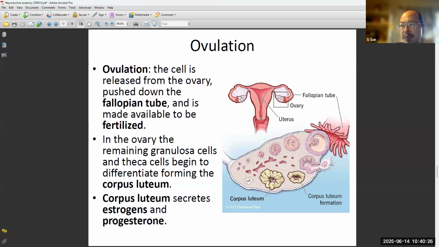Before ovulation, there is no corpus luteum, there is no progesterone. But after ovulation, corpus luteum will start to produce progesterone. Progesterone is, in addition to estrogen, a primary female sex hormone. Progesterone function is basically to stabilize the uterus, so it's easier for implantation and the baby development in the early stage.